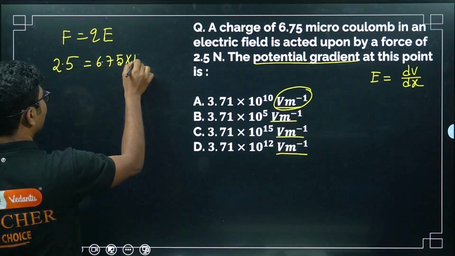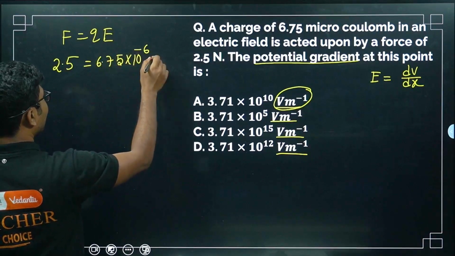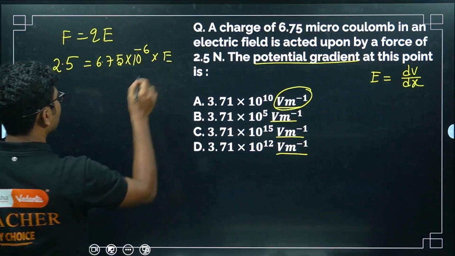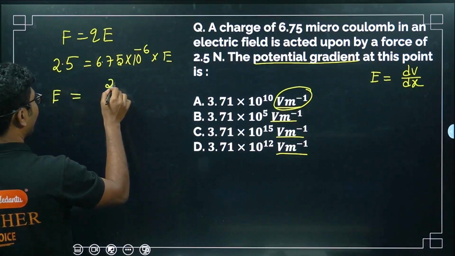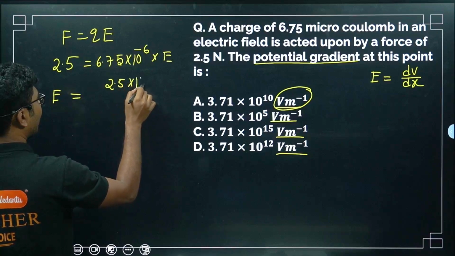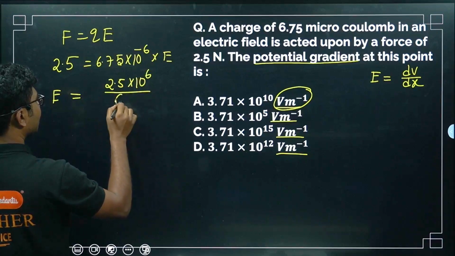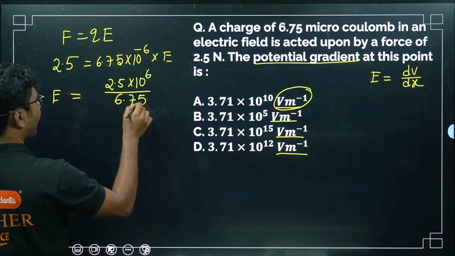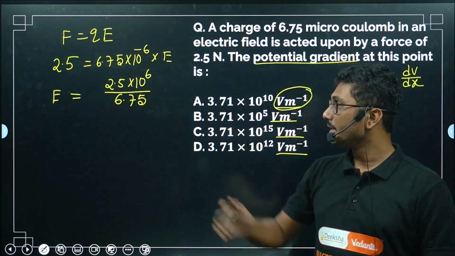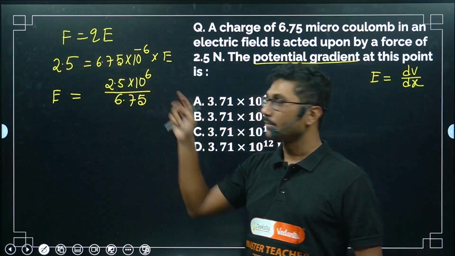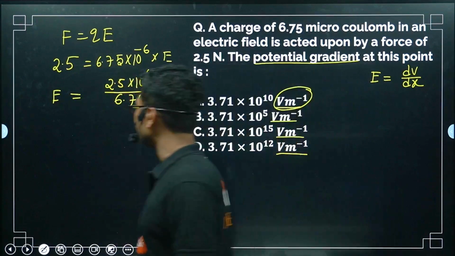Micro means 10 to the power of minus 6, times E. So E is 2.5 times 10 to the power of 6 divided by 6.75, right? I have taken this directly. Instead of wasting a step, I directly used it. I have directly taken it to the side, made it positive, and then just divided by this term, right?